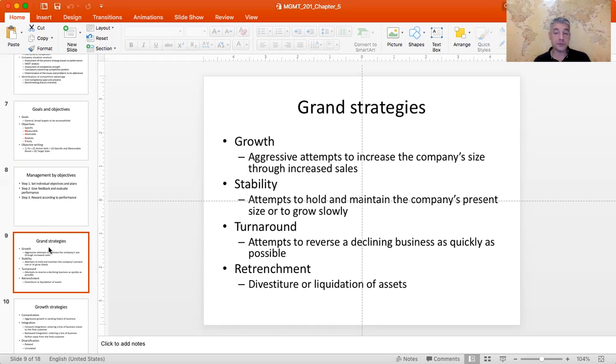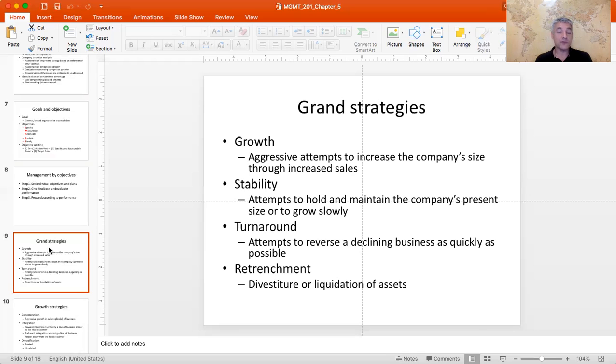And finally, retrenchment strategy. You primarily develop it if the business is not doing well. And here you try to identify the assets that you need to divest or liquidate. These are assets that are not making money for the company and for the shareholders, yet it probably costs you money to maintain them.